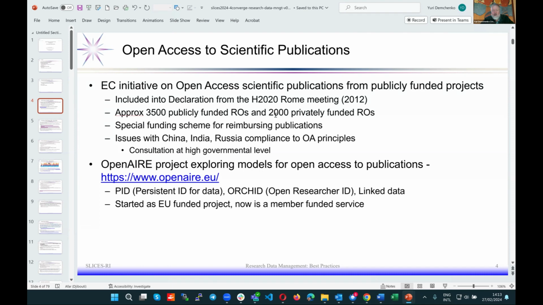This issue of data sharing is less applicable to privately funded research organizations, but they also, one way or another, benefit from open access, because open access is a mutual benefit. If one organization publishes data, everybody benefits, but when others publish data, the specific research organization benefits.